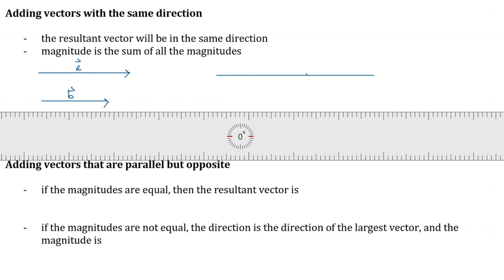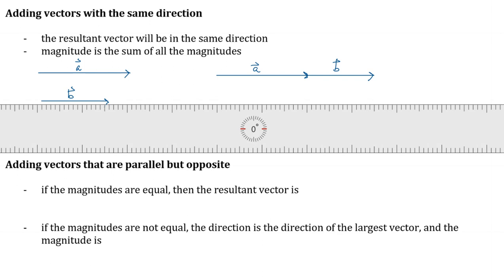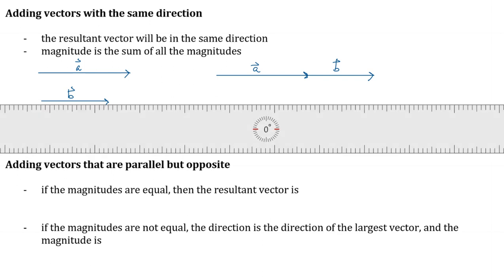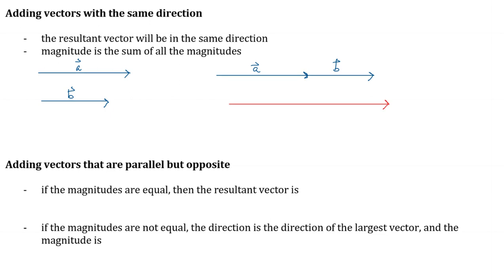So vector A went about this far. Vector B is there. And the resultant vector doesn't have to line up with those, so it could start wherever we want. Okay.